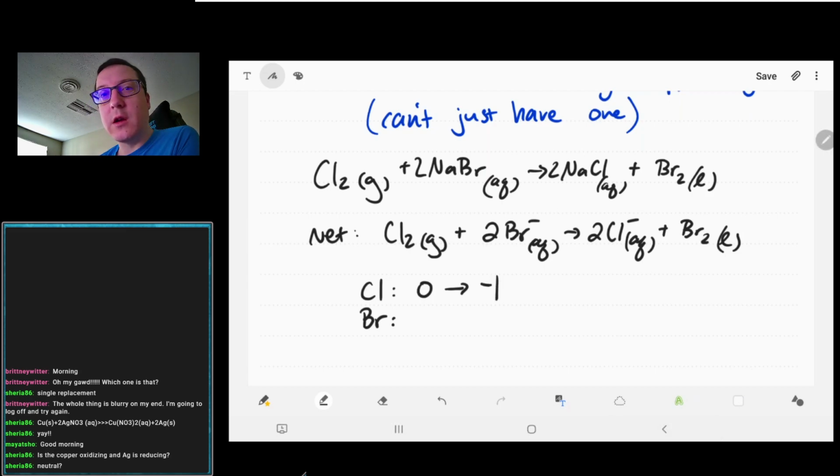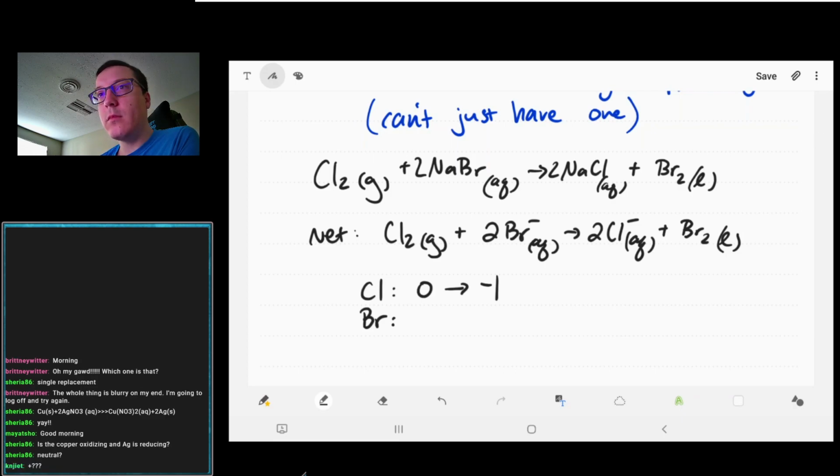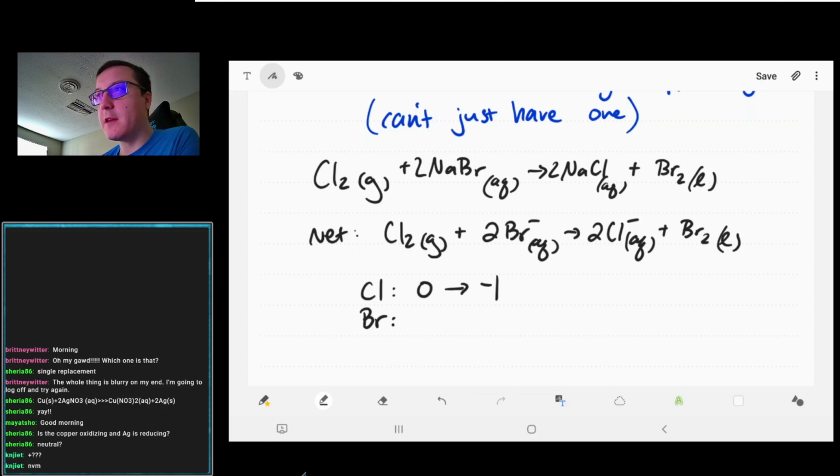They have become chloride ions. And if we look at our bromine, we are starting at -1 and we're going to end up at 0. Neutral stuff is 0, no charge.